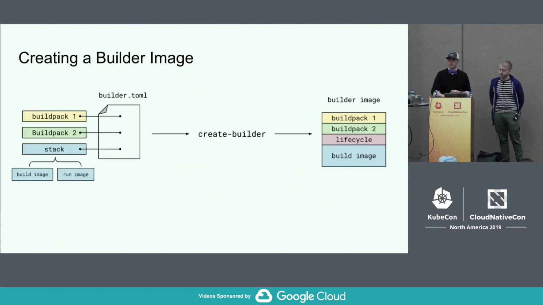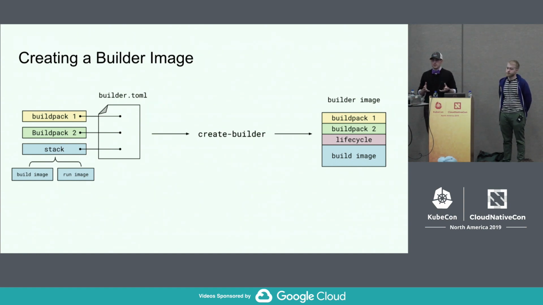That includes the build packs themselves. It also includes the lifecycle to execute those build packs, and then a base image that will be used to create the container that all this will run in. We define all of those components in a file that we typically call the builder toml, and we pass that builder toml to a create builder process that produces an OCI image that is the builder image.